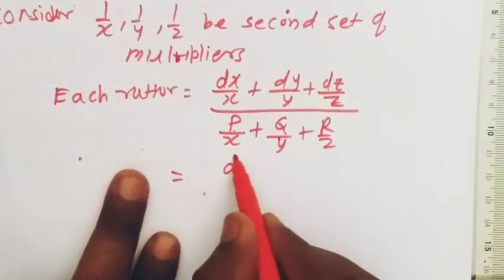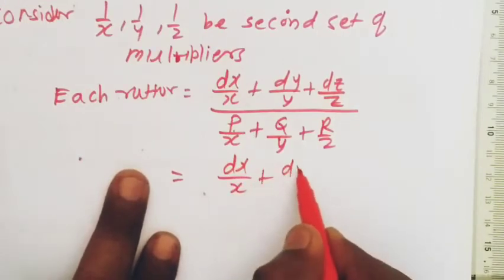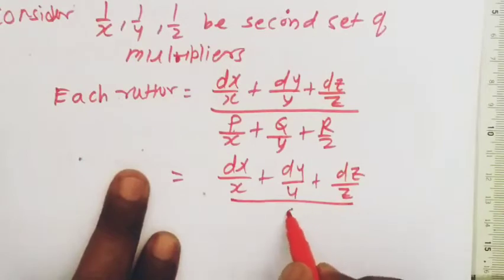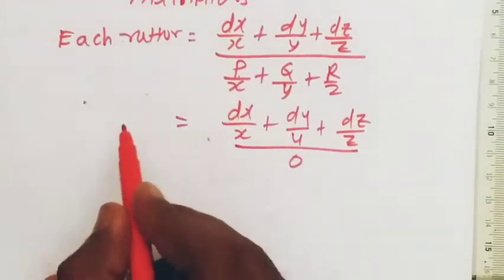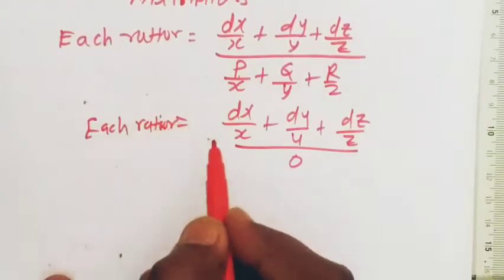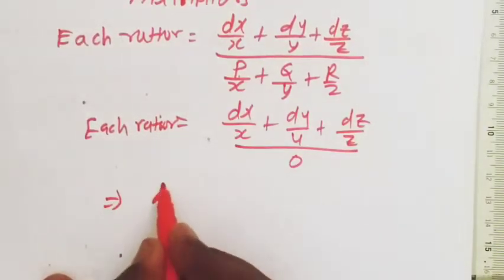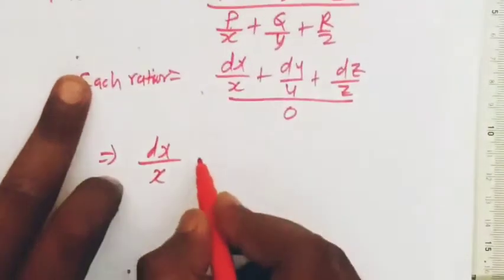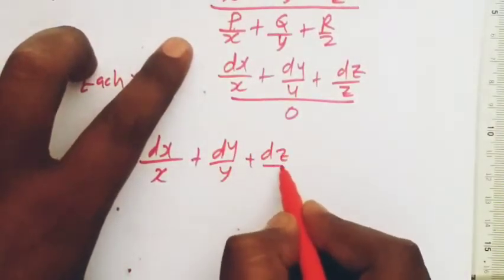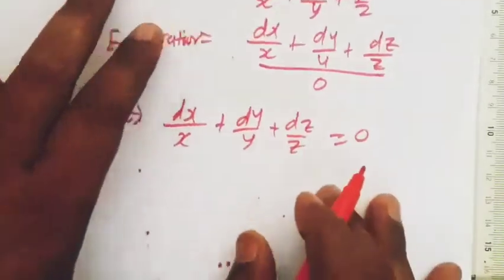So we'll have dx by x plus dy by y plus dz by z divided by 0, and on the left we have each ratio, meaning the first 3 ratios. After cross multiplying, this will give us another differential equation, dx by x plus dy by y plus dz by z equal to 0.